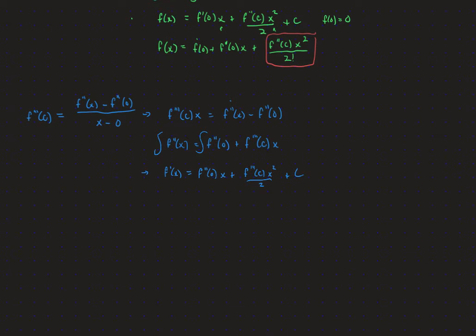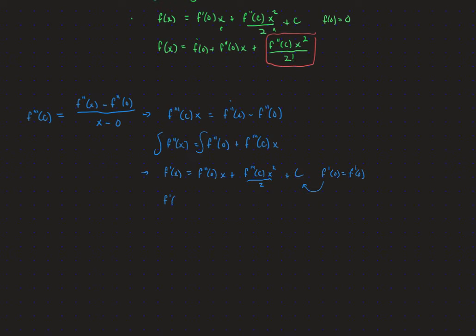We'll use an initial condition for f prime. That is, we would like f prime of 0 to be whatever it is f prime of 0 is. That's going to make that be that constant when we plug in the 0 for the x's.